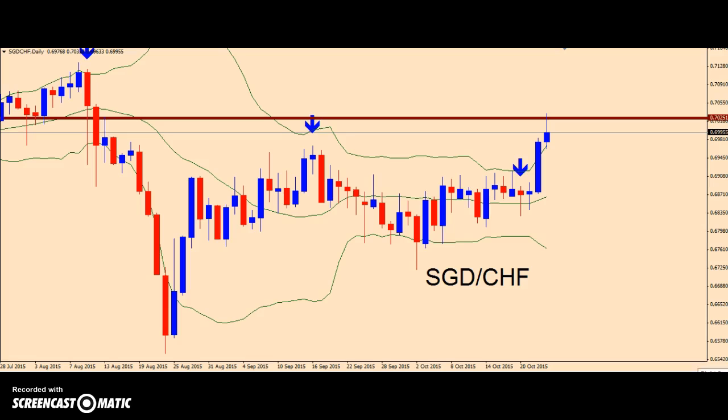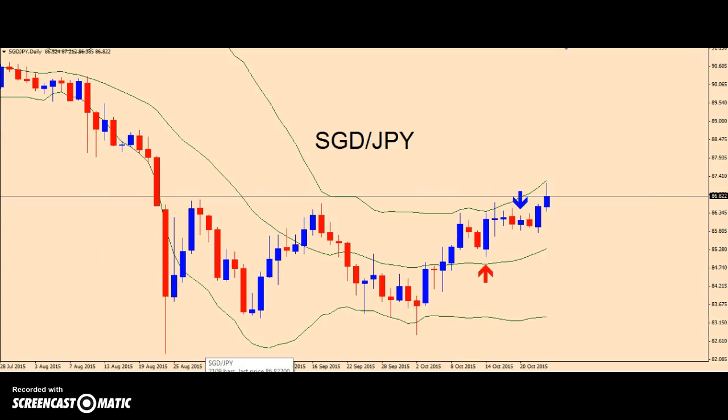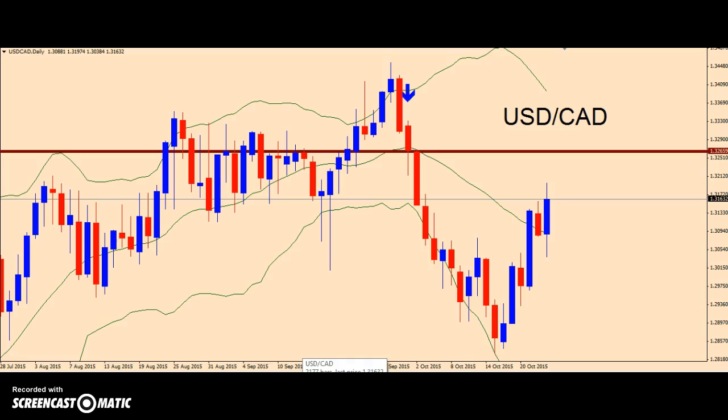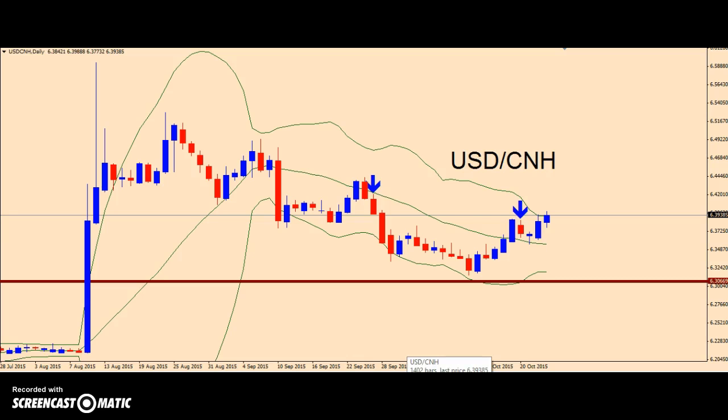Okay, into the Singapore dollar. Into dollar now. Just looking for these signals.